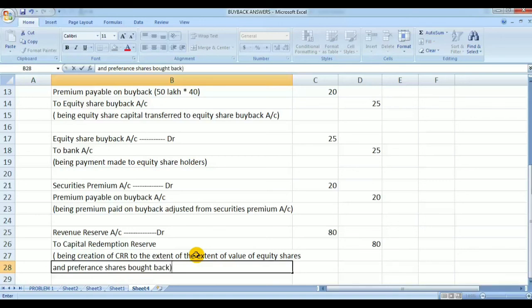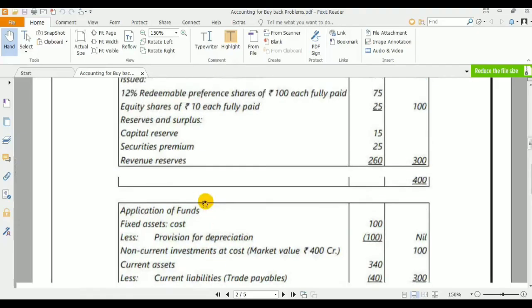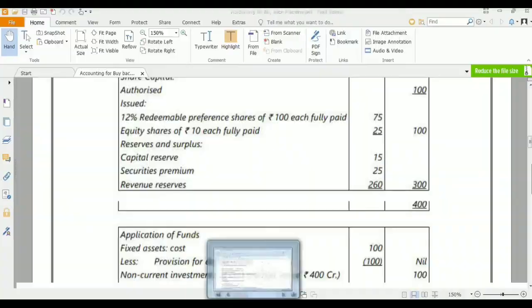Okay, this is the narration: we have created a CRR to the extent of face value of equity shares and preference shares which have been bought back. So these are all the entries which we will be passing for this particular problem.